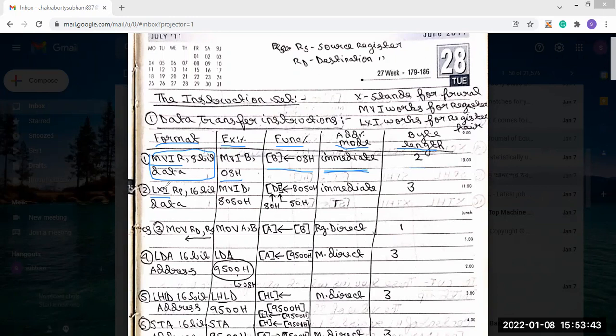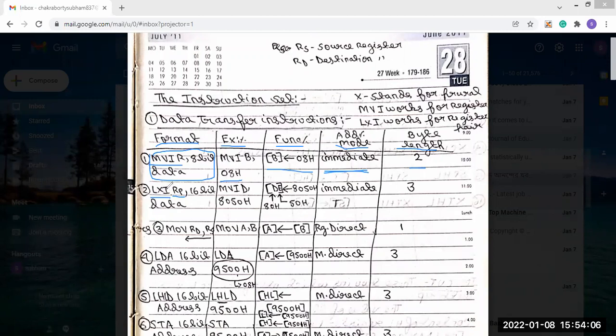So that's why LXI is mentioned. LXI means the data will be loaded into the specified register pair. RP means register pair.